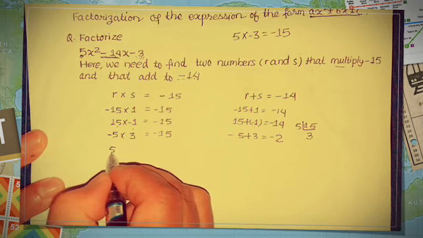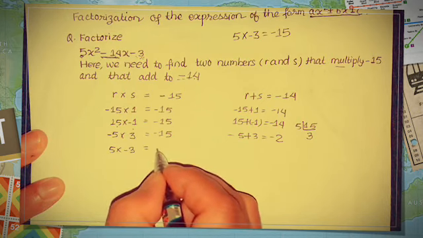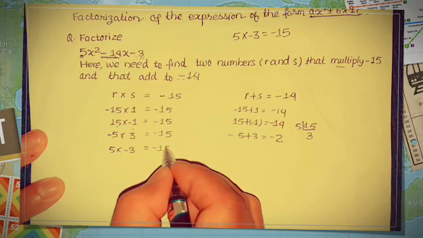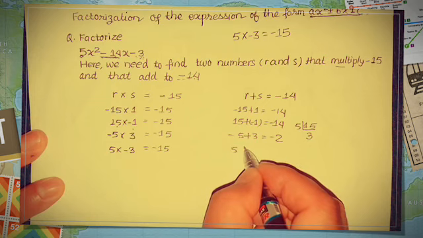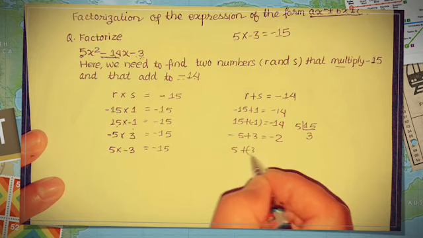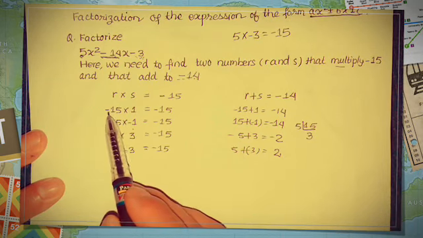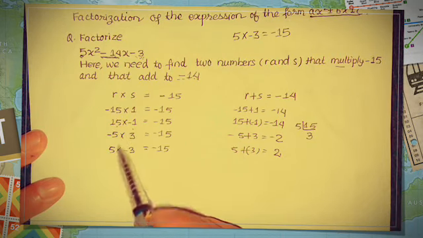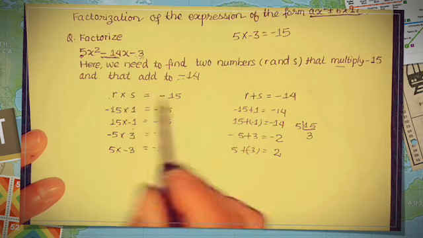Another pair, 5 and minus 3, also gives minus 15, and their sum is 2. These are the possible pairs of numbers that satisfy the multiplication condition.